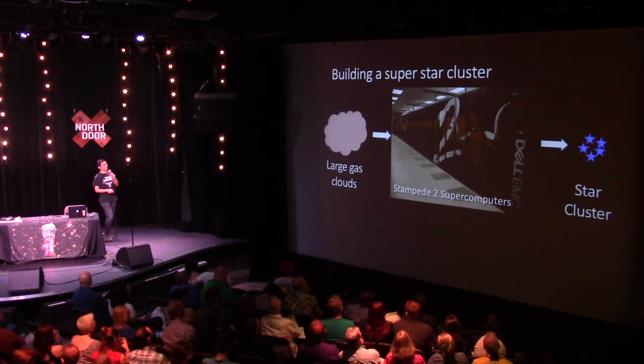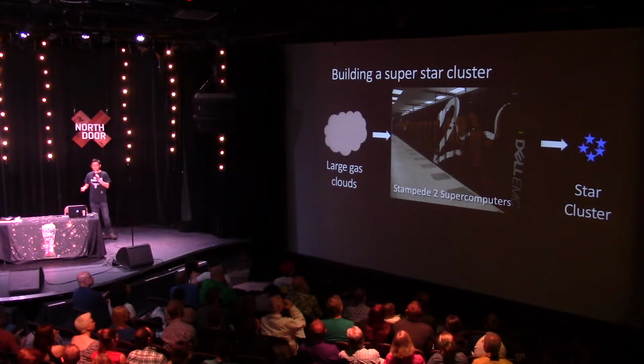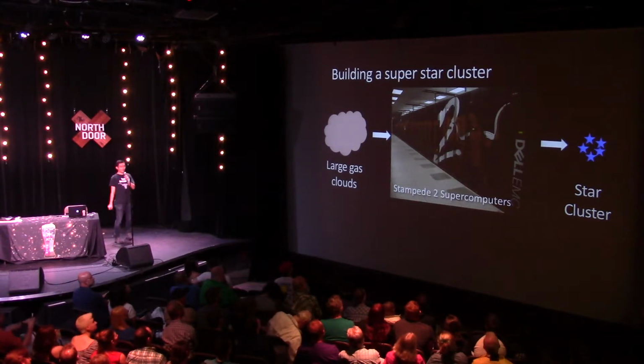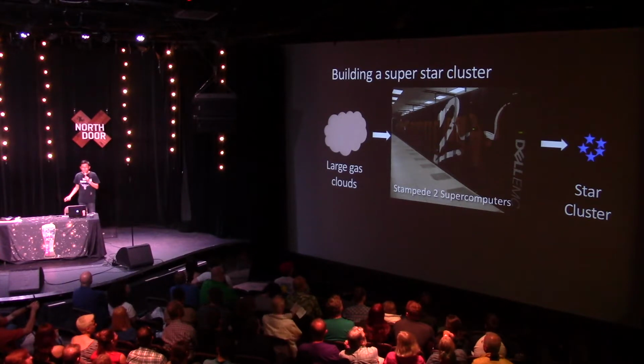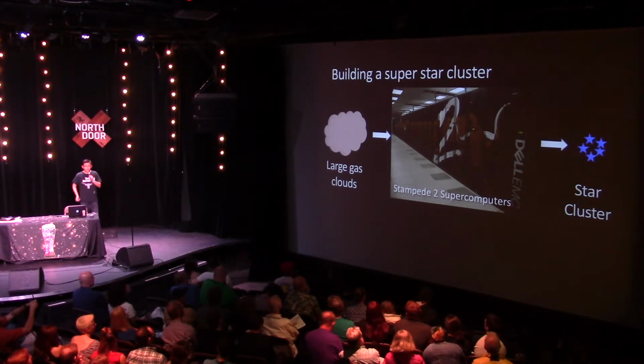So in my research work, I replace the complexity with sophisticated physical models and run it on supercomputers. And so we have the two now. We have the Stampede supercomputer. In order to actually learn about how superstar clusters form, we need to get the large gas clouds, right?